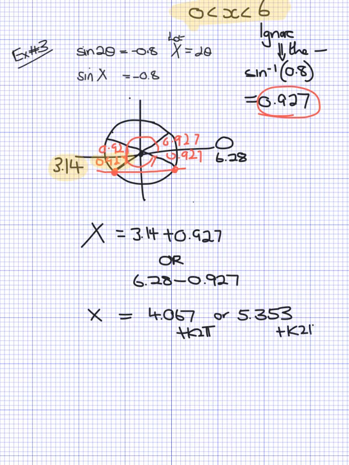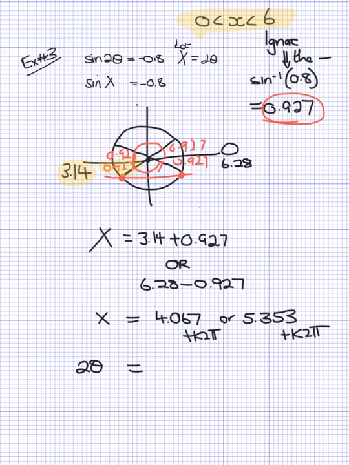Now remember though, we're trying to find theta, and we know 2 theta equals that, so we're going to get 2 theta is equal to 4.067 plus k pi, or 5.353 plus k pi.